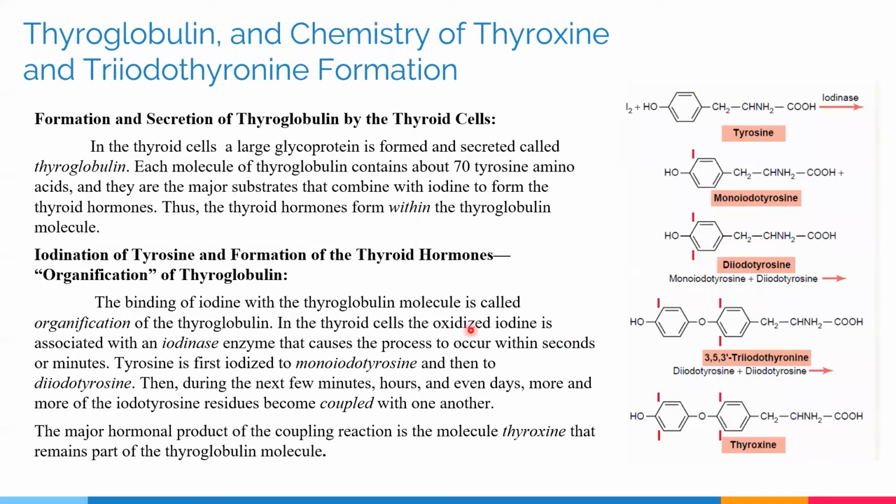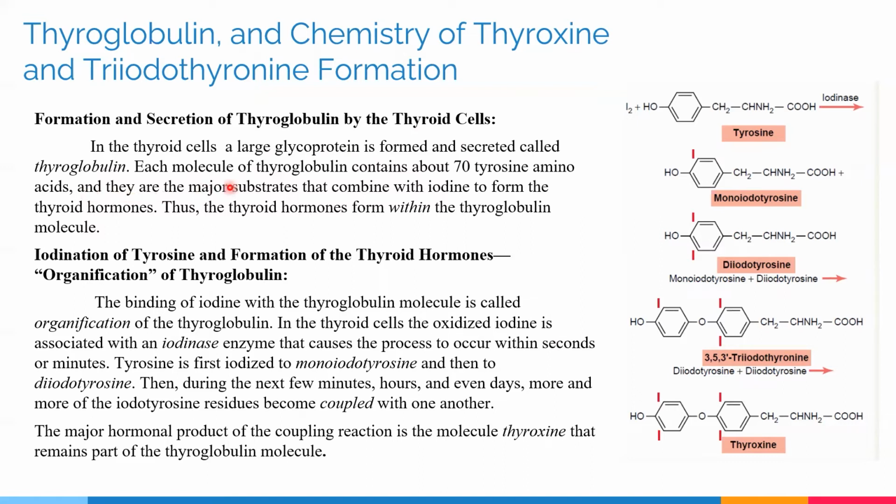Next, we look into thyroglobulin and the chemistry of formation of thyroxine and triiodothyronine. We first look into the formation and secretion of thyroglobulin by thyroid cells. In the thyroid cells, a large glycoprotein is formed and secreted, which is called thyroglobulin.